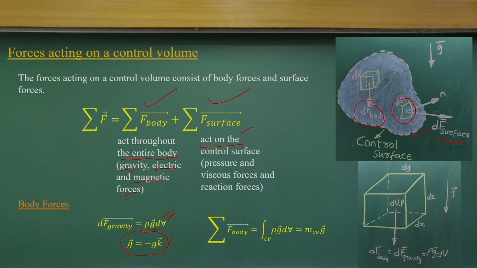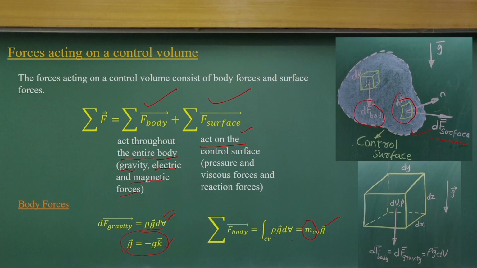If I consider the total control volume, then the volume integral of rho g dV will be the gravity part, or indirectly the mass of the control volume into g, where g is the acceleration due to gravity vector.